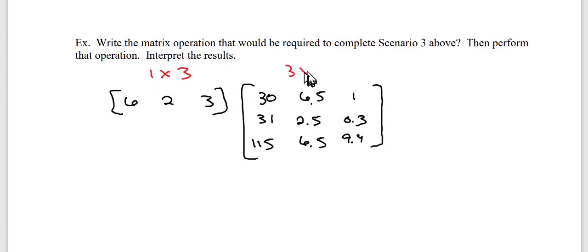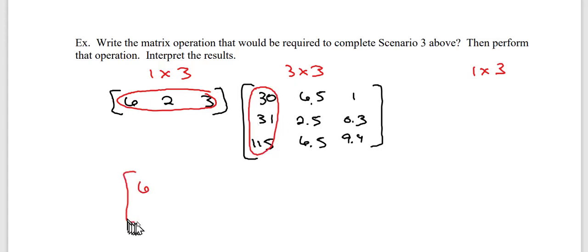When we multiply these, keeping in mind our process, first of all, this is 1 by 3 and this is 3 by 3, so our result will be 1 by 3. We want to multiply this row by this column: 6 times 30 plus 2 times 31 going across the row and down the column, plus 3 times 115.